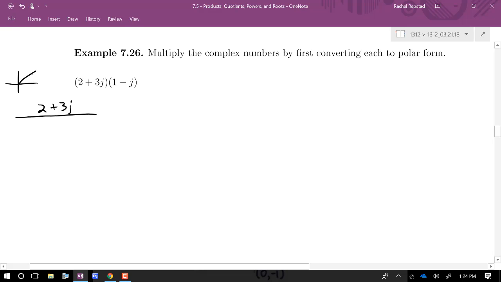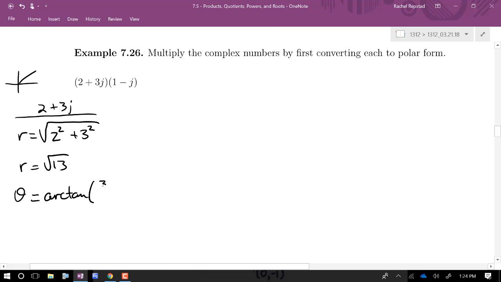2 plus 3j is in the first quadrant. So our value of r is the square root of 2 squared plus 3 squared. So we get 5. No. 4 plus 9, root 13. And how do we get the direction? Arctan of y over x. Arctan of 3 over 2.